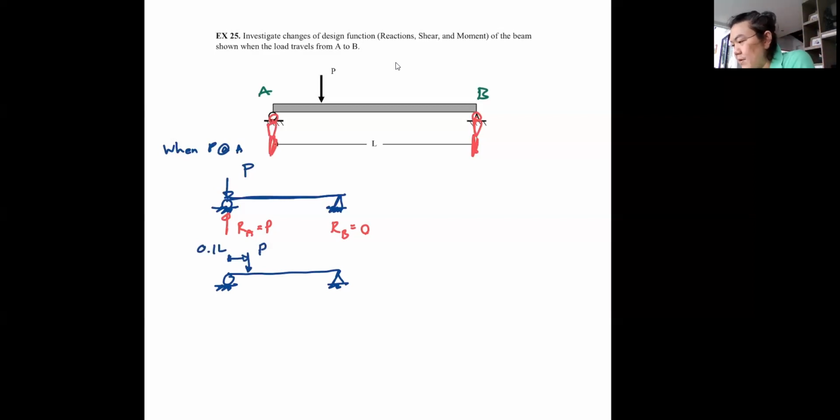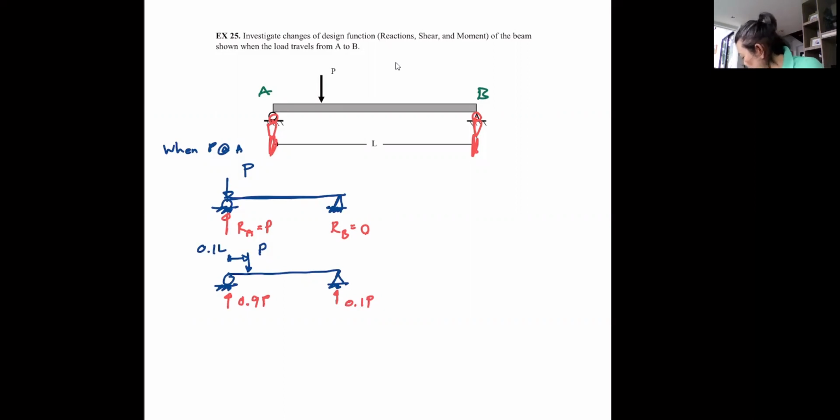You can take the moment to find the reaction, but you can also look at the ratio of the placement of the load and the beam. You can see that this is 10%, so now you should know that this reaction is 90% and this is only 10% of P. Okay, you follow?